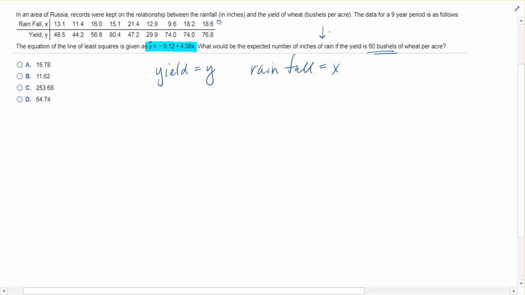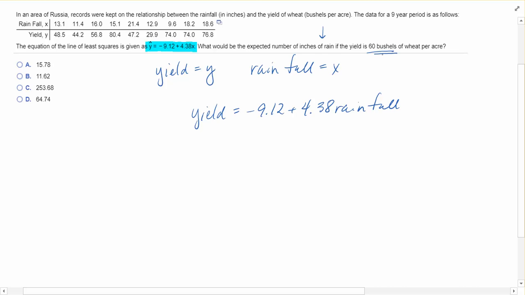So what we're going to do is go backwards into our equation. Remember that our equation says y hat, so that's the yield, is equal to negative 9.12 plus the 4.38 times the amount of rainfall.